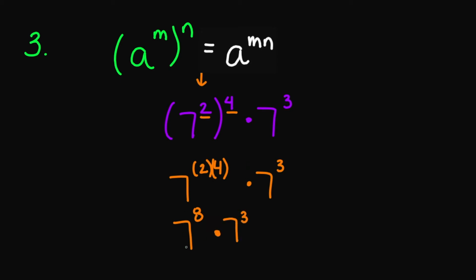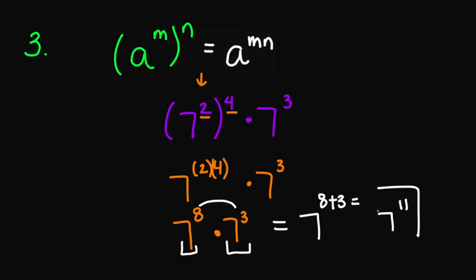All right, and notice here, I am now multiplying two expressions with the same base. I'm going to add my exponents, just like we did for law number 2. So here I'm going to get 7 and then 8 plus 3. And this is going to give you 11. So your answer is going to be 7 to the 11th power.